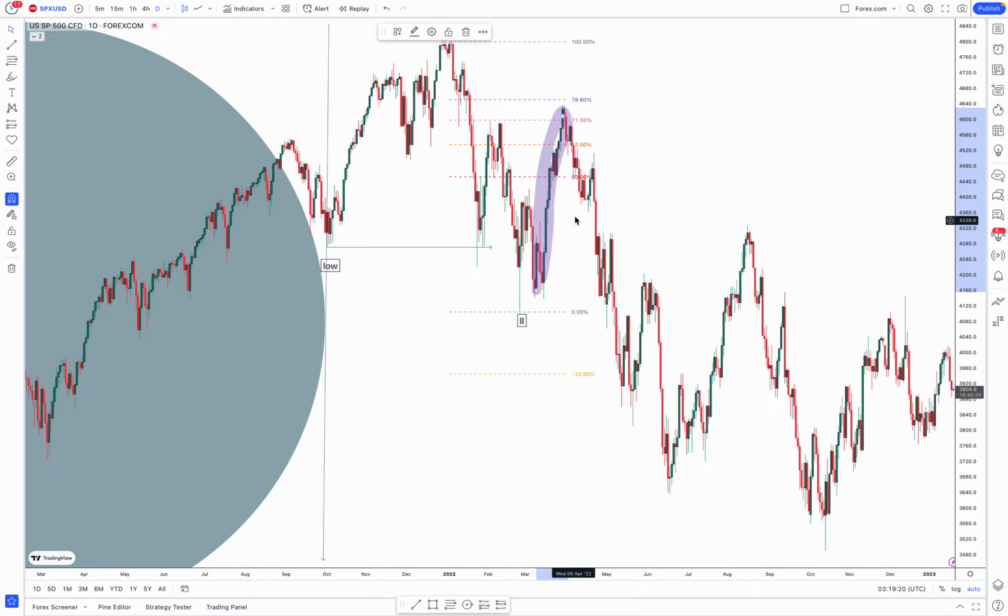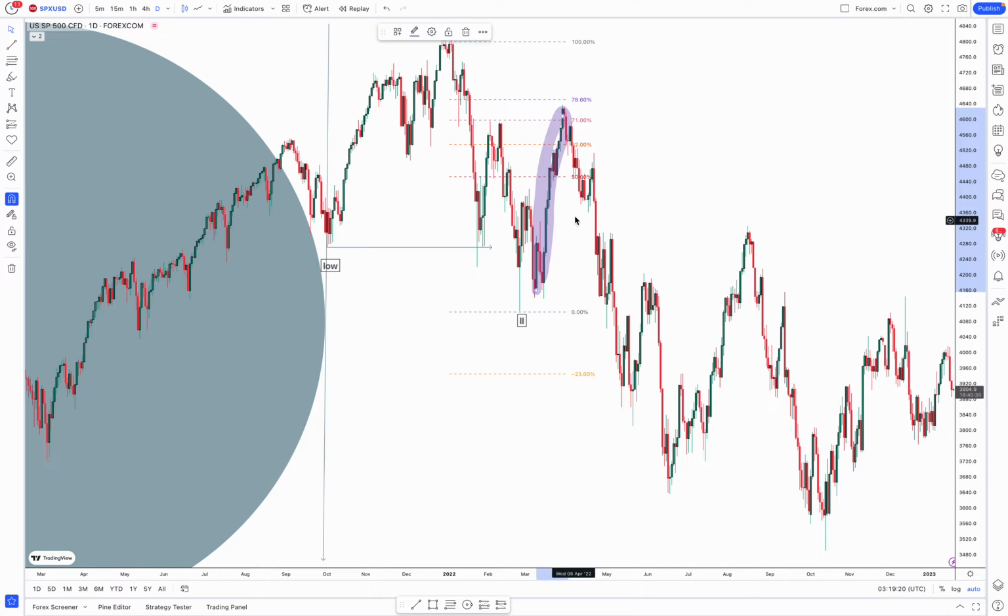From this point onwards, another low was created. But you might be asking yourself, why don't we call this area a lower low and a lower high? The reason being we haven't retraced enough.